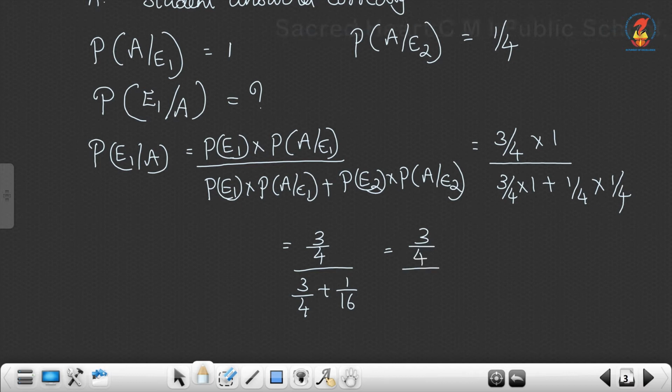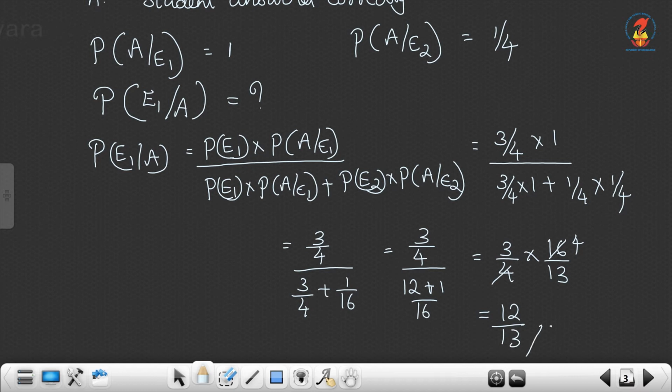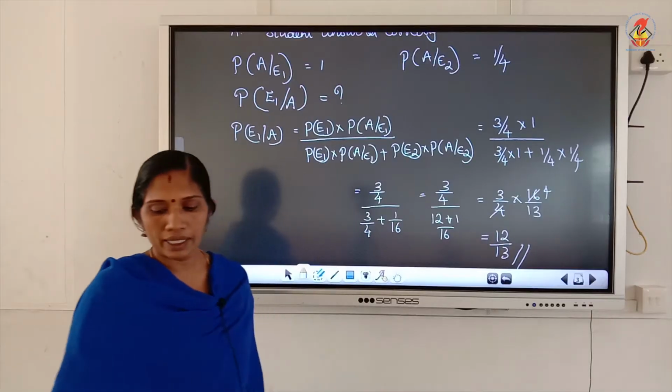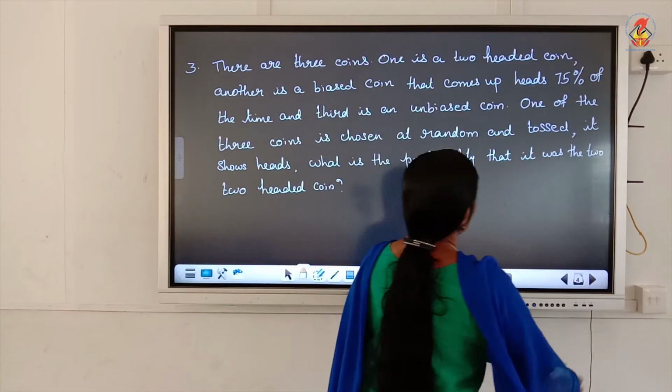Taking LCM in the denominator, 16 is the LCM. So we have to multiply by 4 here. 4 into 3, 12. So 12 plus 1, 13. 16 by 13. It's equal to 12 by 13. So that is the required probability.